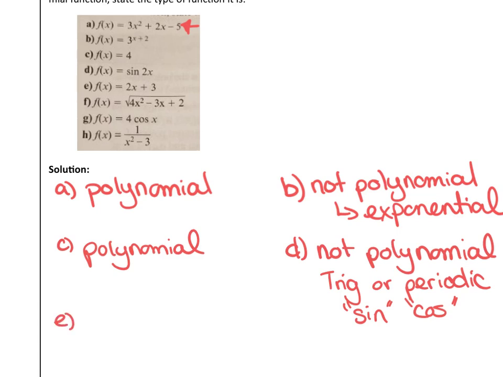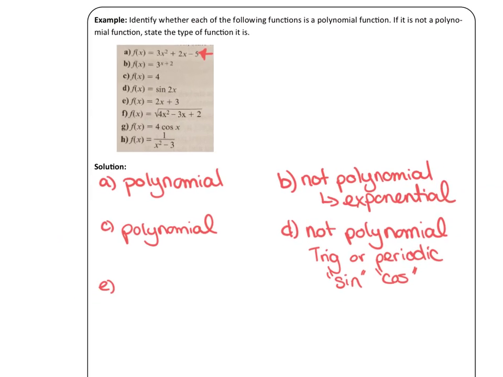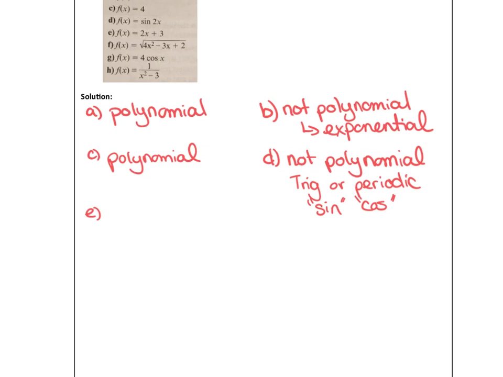E, 2x plus 3. Again, this is polynomial. It has different terms in it, so it is a polynomial. F is not polynomial.